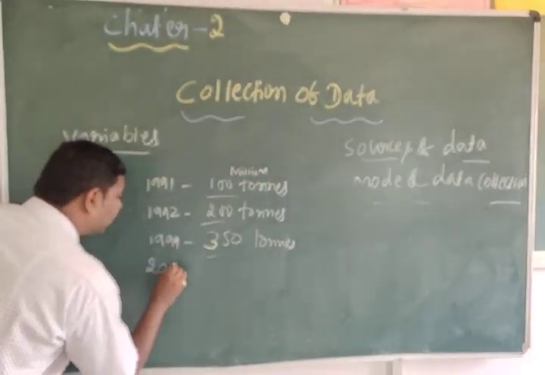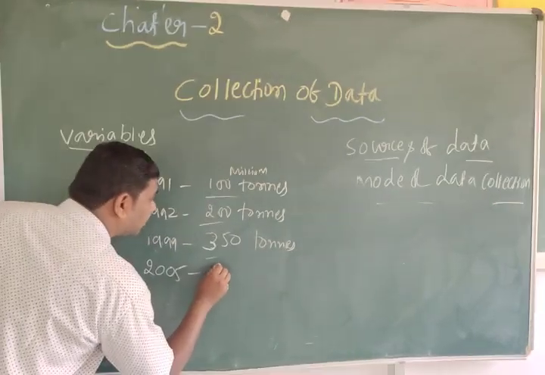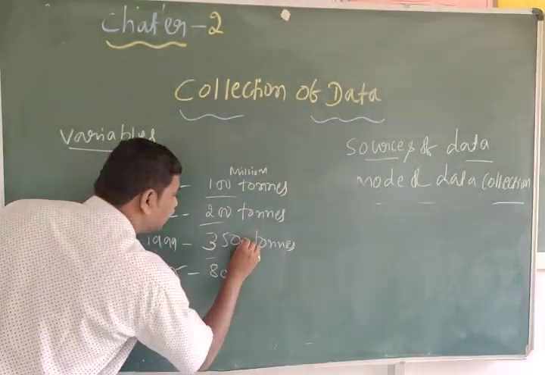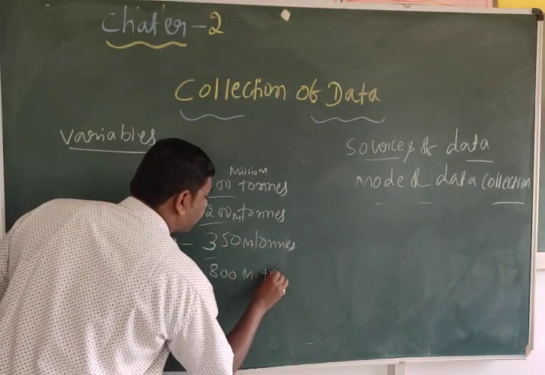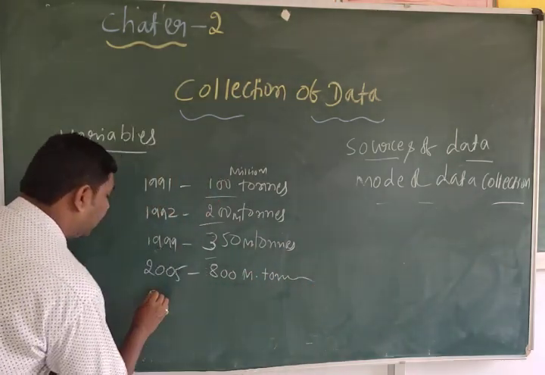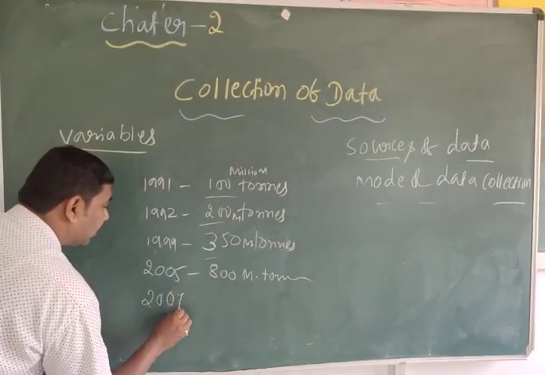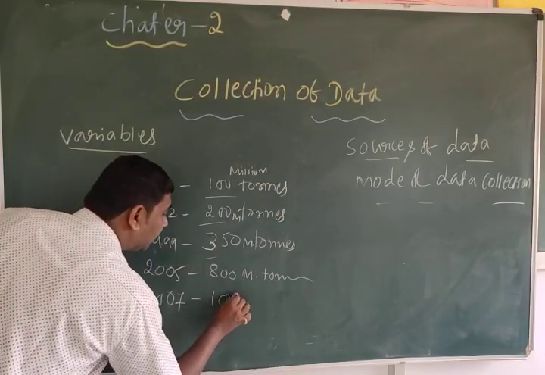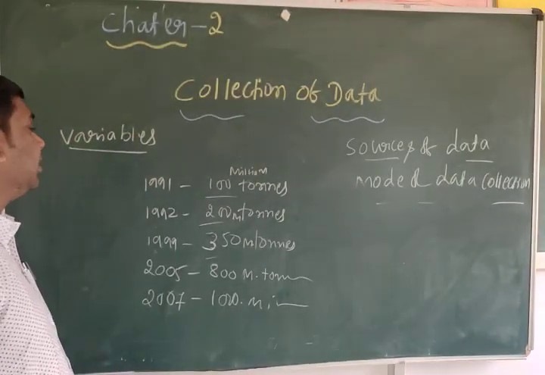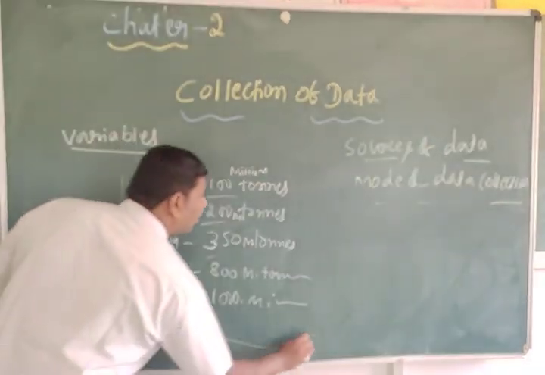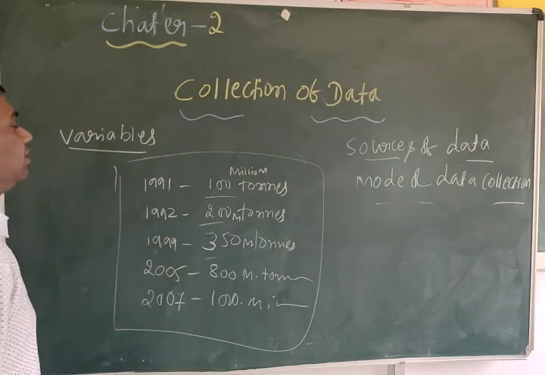In the year 2005, it was 800 million tons. In the year 2007, 1000 million tons. Like this. So this is not continuous.